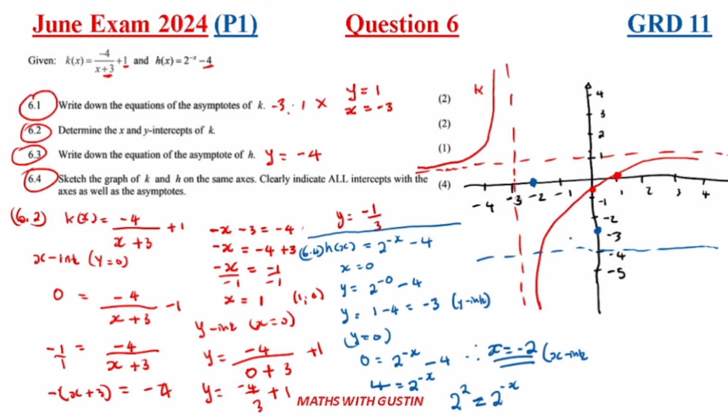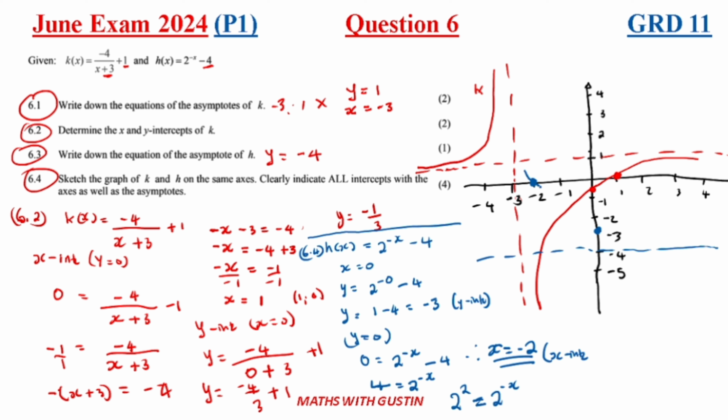So now our function is looking like this. Let me just see here. I want to make sure that we draw this properly. Oh, okay, here we go. Our function now is looking like this.